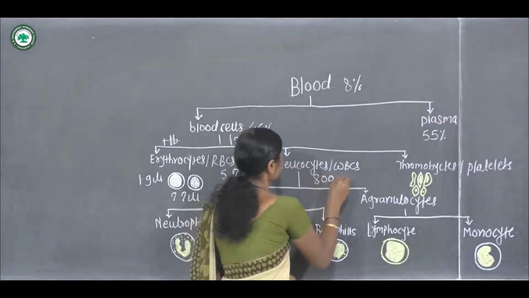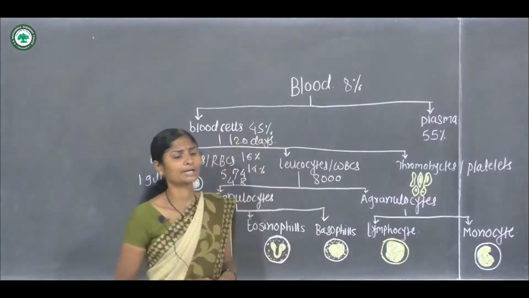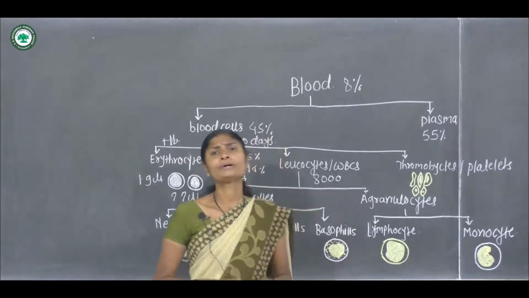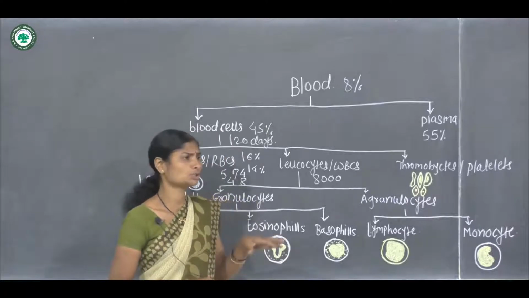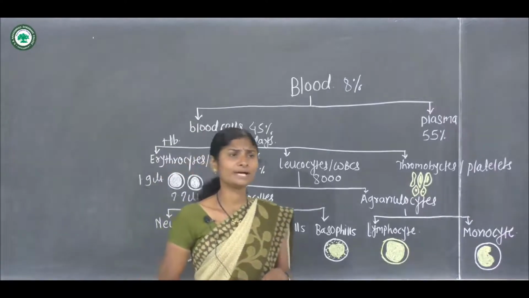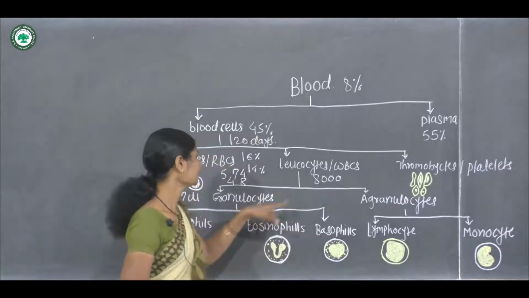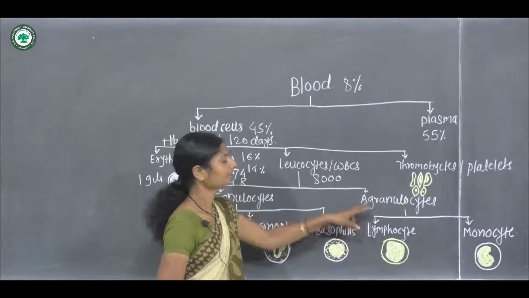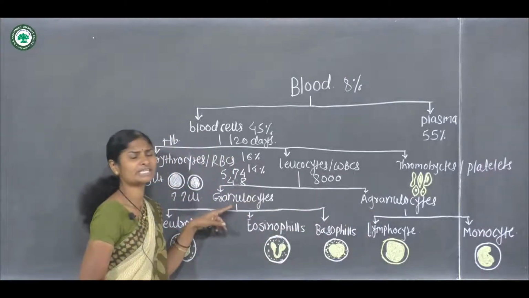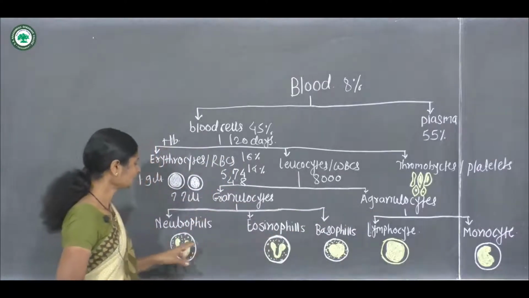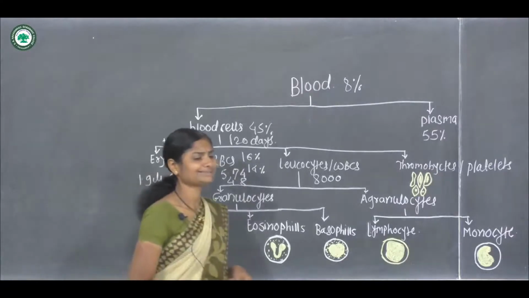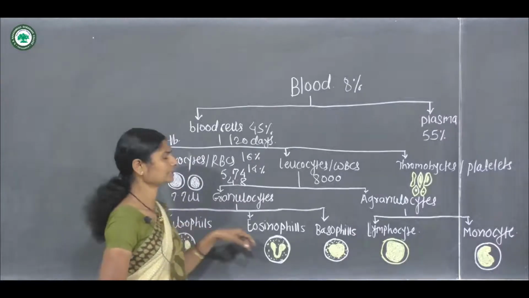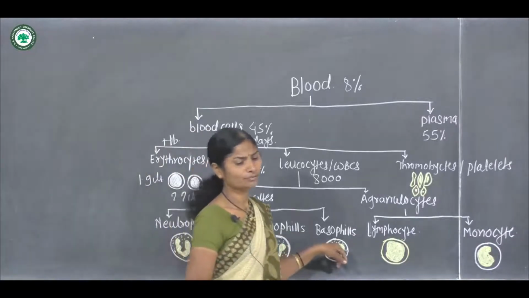The average number of leukocytes is 8,000 per cubic millimeter of blood, and on the basis of presence or absence of granules in their cytoplasm, these leukocytes are divided into two types, granulocytes and agranulocytes. In granulocytes, specific granules are present in their cytoplasm, and these are further divided into neutrophils, eosinophils and basophils.